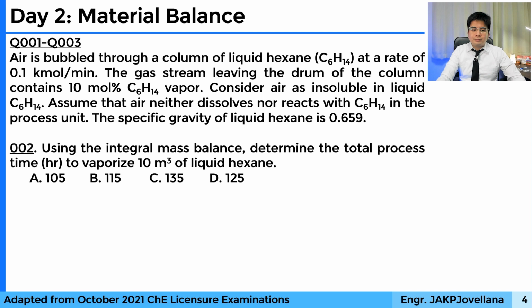Question number 2. Using the integral mass balance, determine the total process time in hours to vaporize 10 cubic meters of liquid hexane. The next information that we need is the specific gravity of liquid hexane, 0.659, and its molar mass.